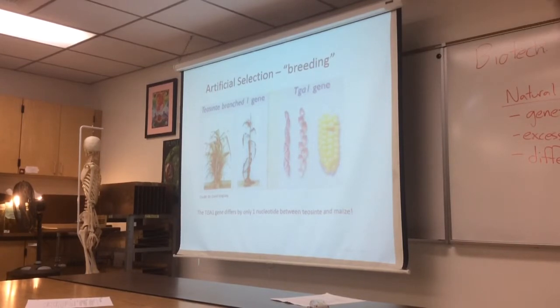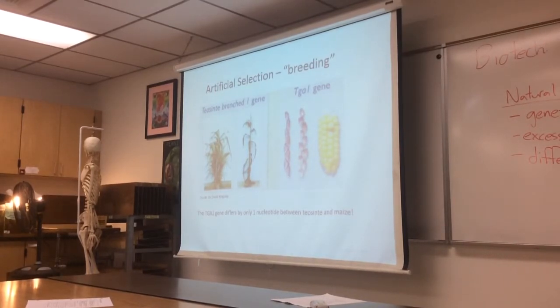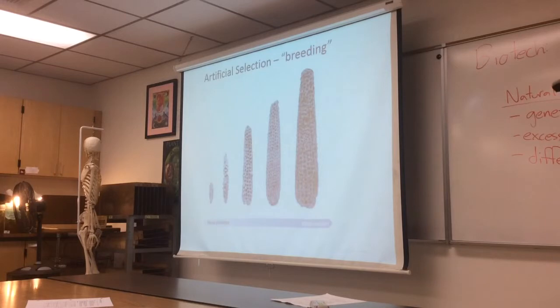It doesn't look anything like a nice, big, healthy, modern corn ear. But over the course of many, many generations, these farmers were selecting the biggest ears in their field. So they had different genes. They didn't know what the genes were. They didn't even know about DNA, right? But they were able to select for ones that were bigger and therefore easier to work with. So this is what they were able to do over hundreds of generations.